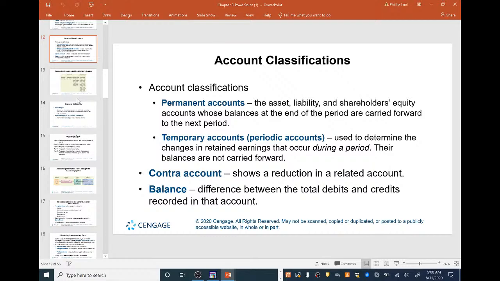What's a contra account? A contra account is going to show a reduction in a related account. So accumulated depreciation is a contra account, okay? Say we have a vehicle, right? Company vehicle. So we'll have a line item of which we're carrying at cost the company vehicles.